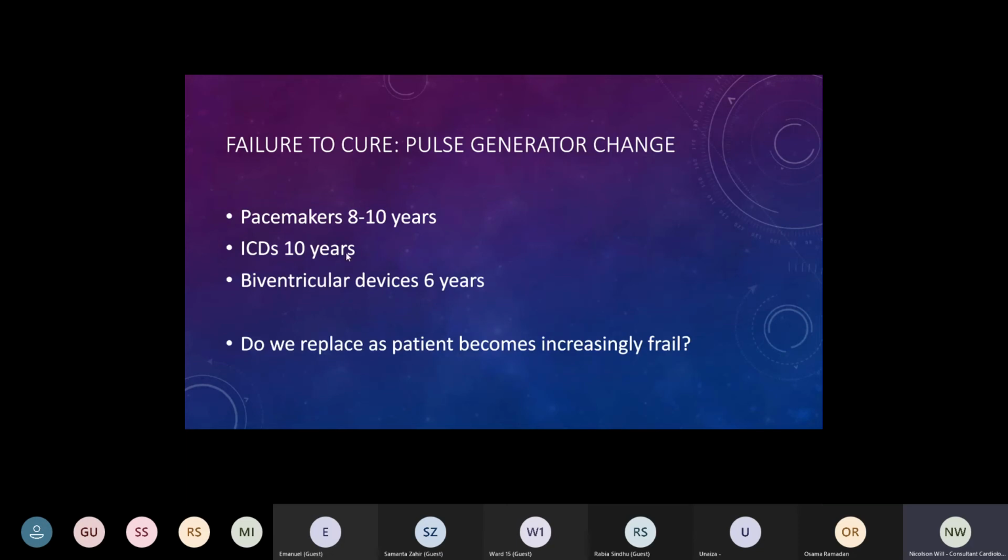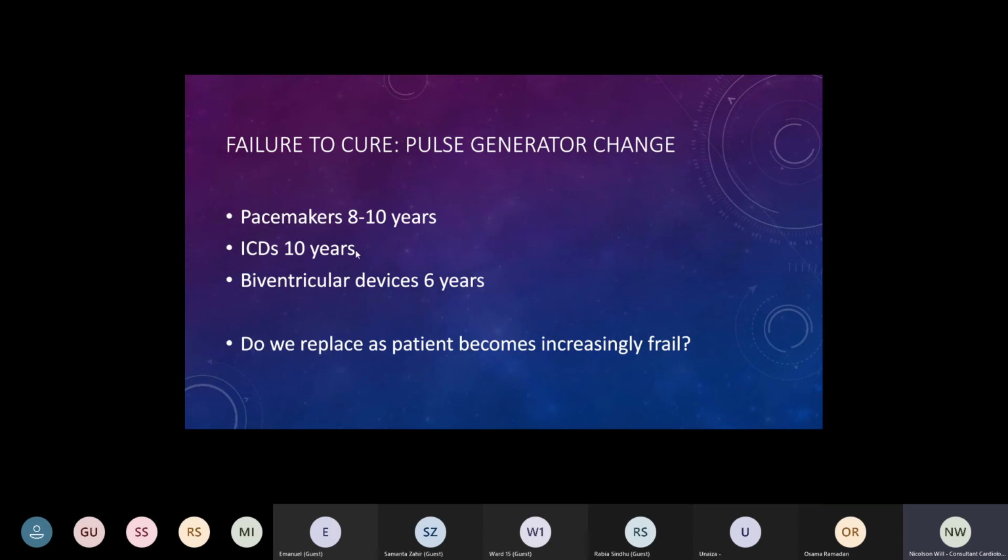What do we do about our ICD if they've not had an appropriate therapy in the 10 years that they've had it? Do we then still give them protection going forwards, or do we say that the cost of a 10,000 device for somebody who hasn't benefited from it in the first 10 years has gone?